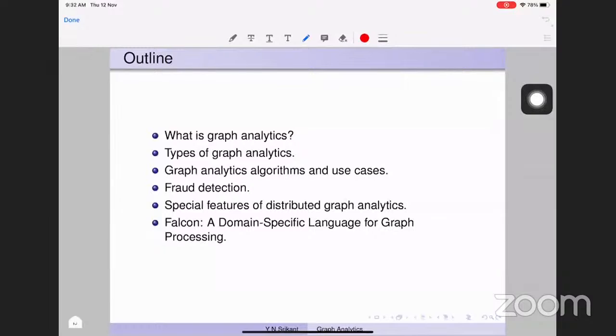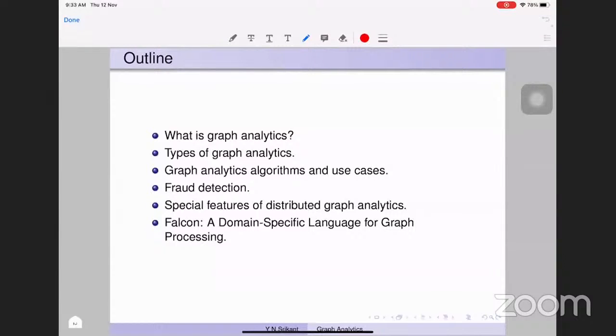Okay. So the topic is distributed graph analytics, and Professor Srinivas said I am an expert in compiler design. That is correct. So the way the connection with graph analytics began is when we started exploring how to program graph analytics algorithms in existing programming languages.